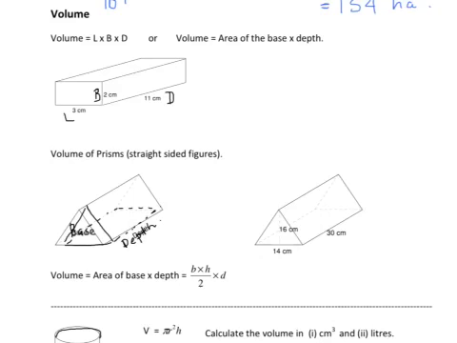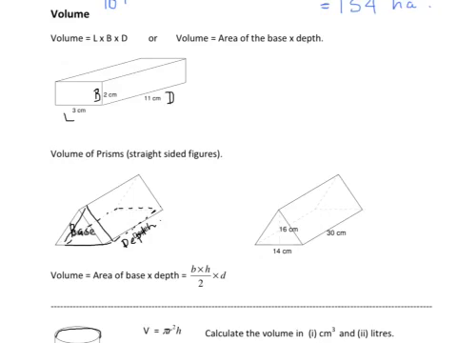So our little practice here is a prism which has a triangular base, with a base of the triangle being 14 centimetres, the height of the triangle 16 centimetres, the depth of the prism is 30 centimetres.